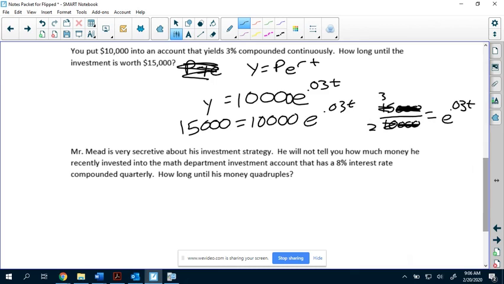And so we can change this now into log form. Log base e of 3/2 equals 0.03 t. So I would see that our time is the natural log of 3/2 divided by 0.03.